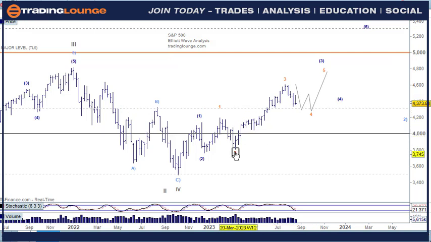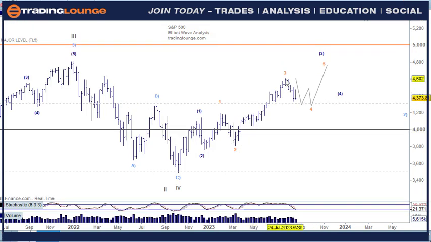From wave 2 to wave 3, the 38.2% is at 4,300. But based on 5 waves coming down here, we should get an equal amount, something with a little bit of equality to it. So the length of this equaling the length of this is going to bring us down to the 4,200 at that point.